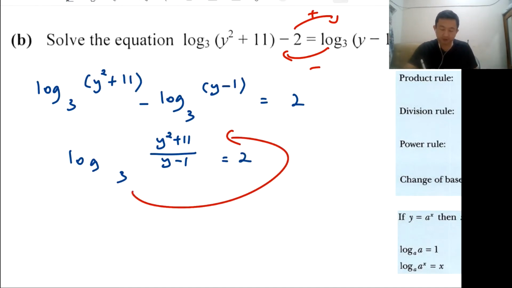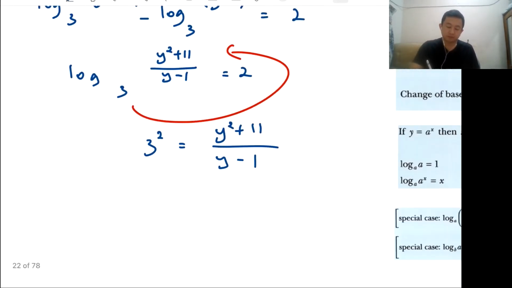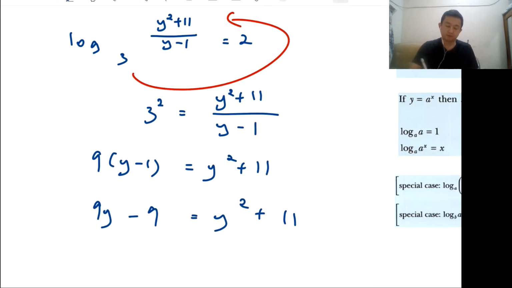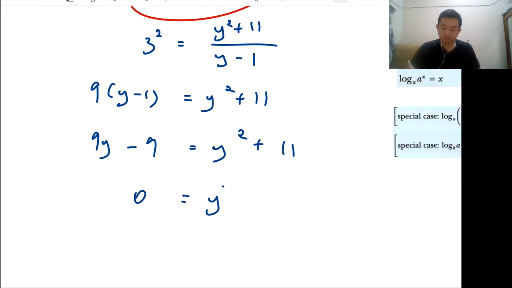So it's a 3 square. This is a quadratic. Yeah, it is a quadratic.